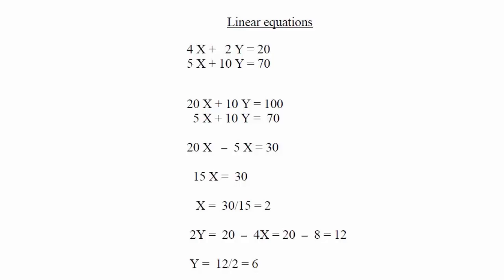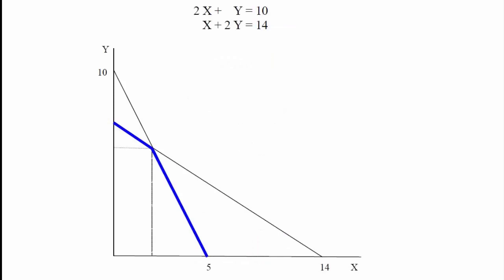Again, our goal is to sketch these two equations, and the point x equals 2 and y equals 6 is the intersection of the two. But again, that is not nearly as important because the sketch is more important than any given point on the equation set.